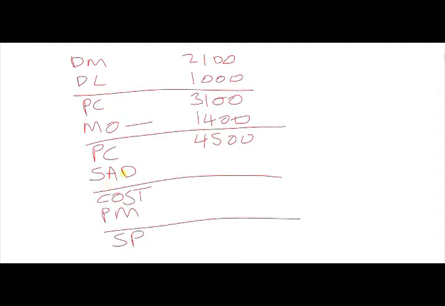Now let's move on to the selling, administration and distribution cost. For this cost, they told us from the question that the allowance is derived as a percentage of total product cost. Right.